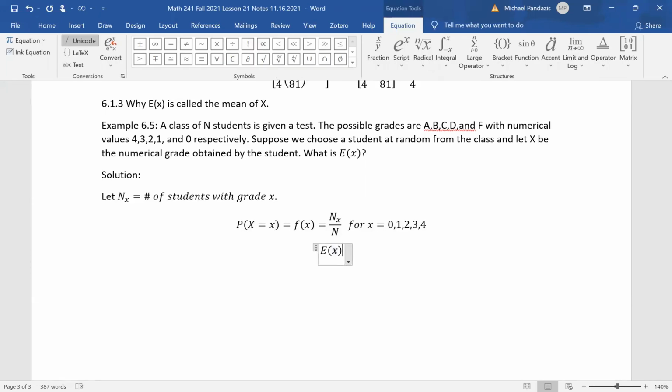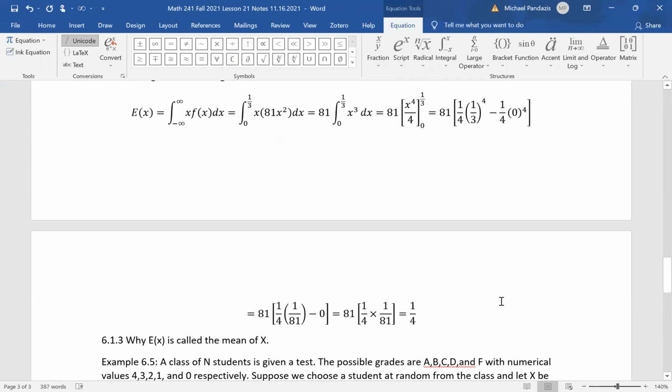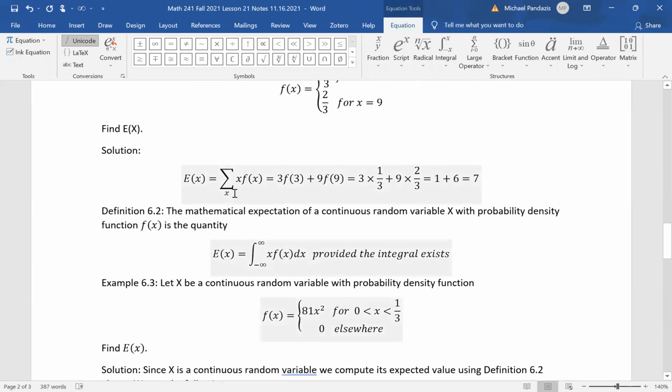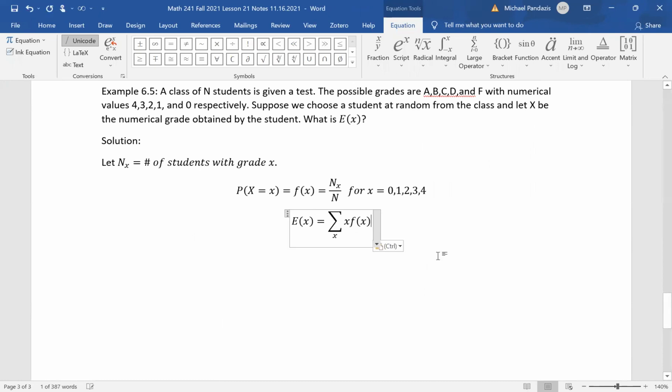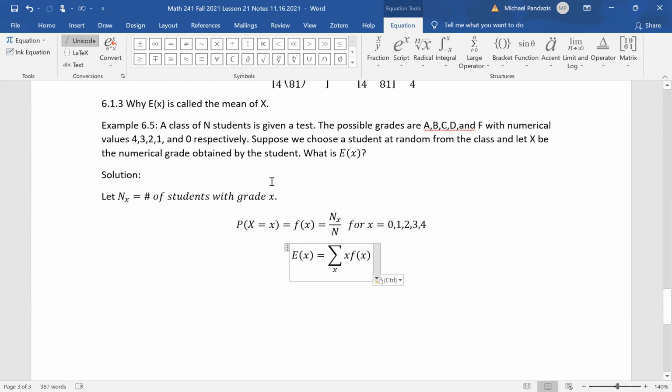Okay, so E of X is equal to the sum over x of x times f of x, right? So this is a discrete random variable, right?